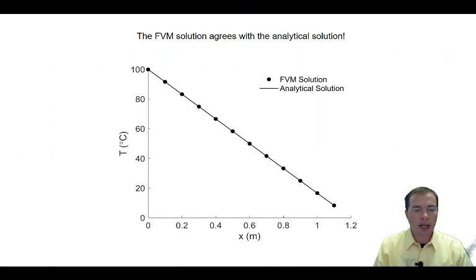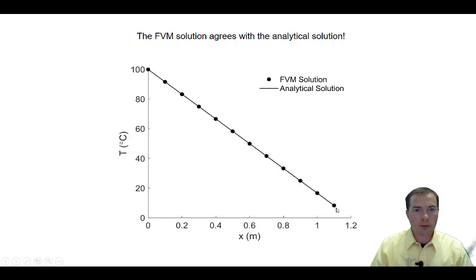On this slide, I have created a graph of the finite volume method solution along with the analytical solution from the thermal circuit. Note that the finite volume method solution agrees with the analytical solution exactly as it should. The temperatures for the finite volume points are denoted with the black circles.